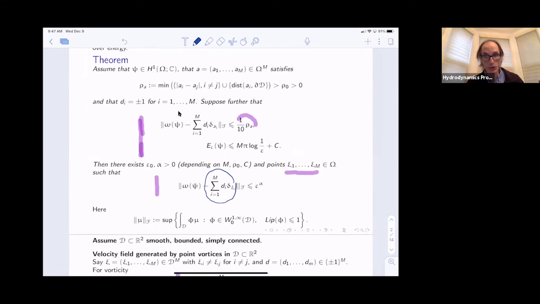And then if I have a sequence of things of this form, these are compact in very strict norms. In fact, I can extract subsequences so that every xi converges to a limit, and so things of this form are compact, and the omegas are getting close to those things. And so right away I find that if I have a sequence satisfying these hypotheses, and as epsilon tends to zero, then they must have a limit, and the limit must be exactly a sum of delta functions of this form.